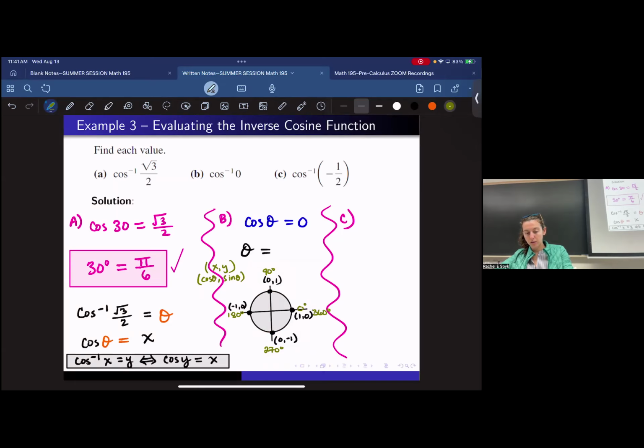So we have theta is equal to 90 degrees, also known as pi over 2. Technically, 270 isn't coterminal, because coterminal is every 360 degrees, multiples of 360, or in radians every 2 pi. So here you could actually write those two solutions, 90 and 270.